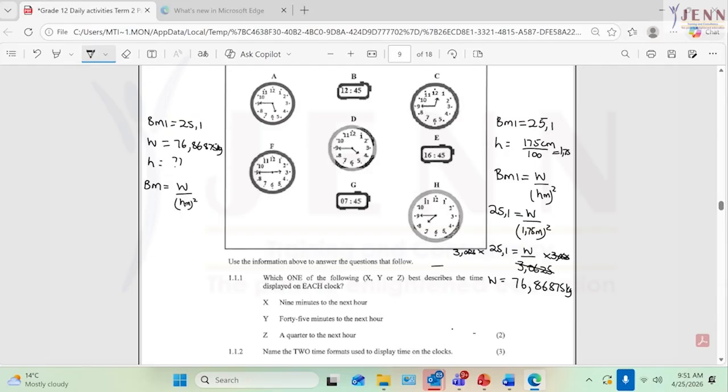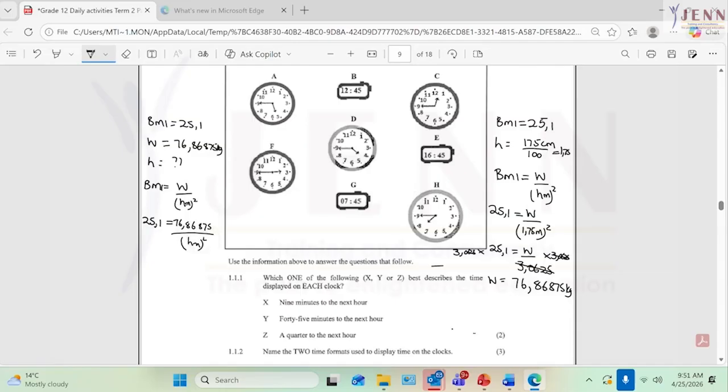From there, you substitute. Substitute BMI with 25.1. This time you substitute the weight with 76.86875. But now the height is unknown.